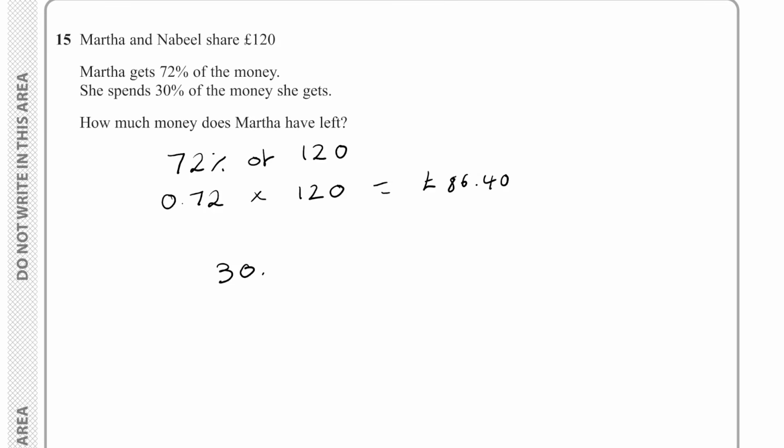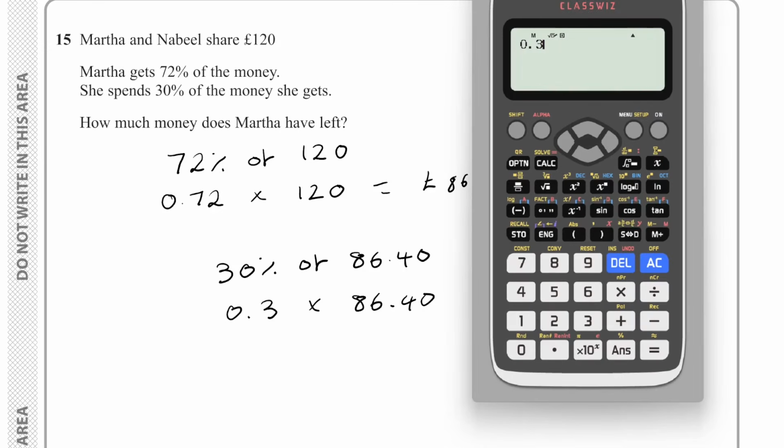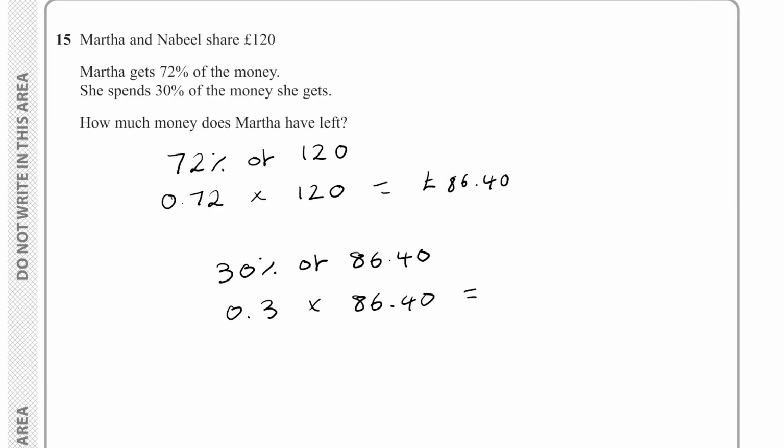So 30% of £86.40. Again, 30% times £86.40. Type it into the calculator. So 30% or 0.3 times the answer is £25.92. So that's how much she spends.